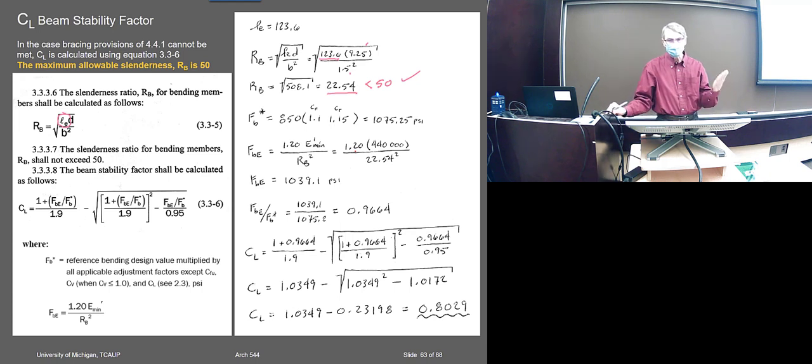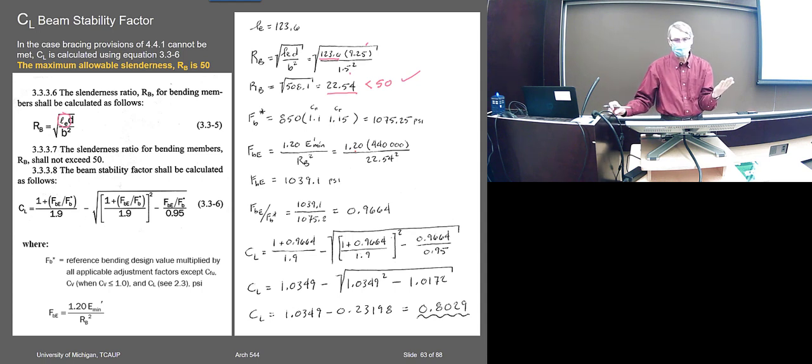You can kind of gauge where it is, what you'd expect for a CL, depending on that number. Like if it's very close to 50, then you'd expect a very low CL, right? As RB is less slender and becomes smaller, then CL goes up and gets closer to 1.